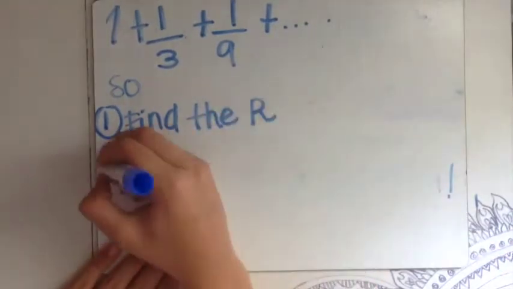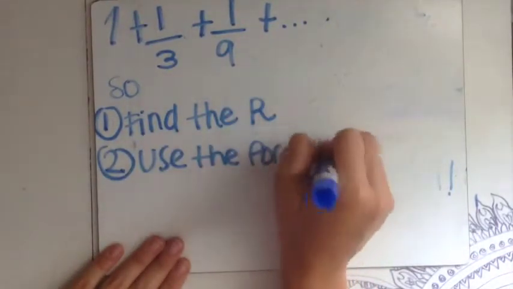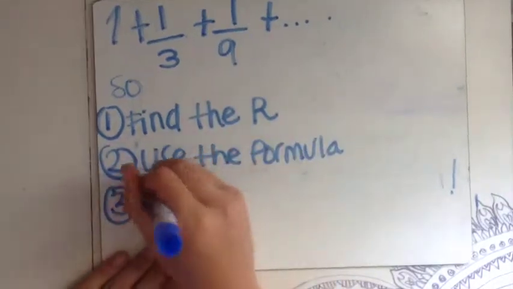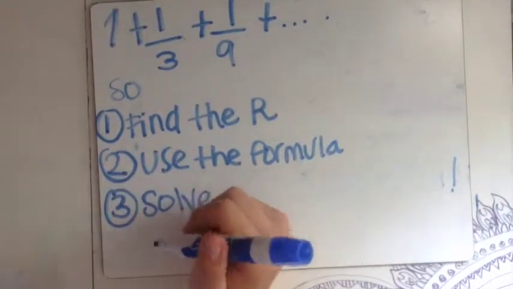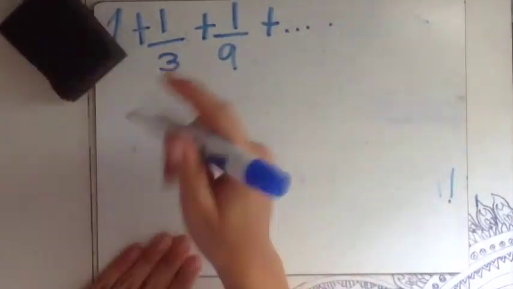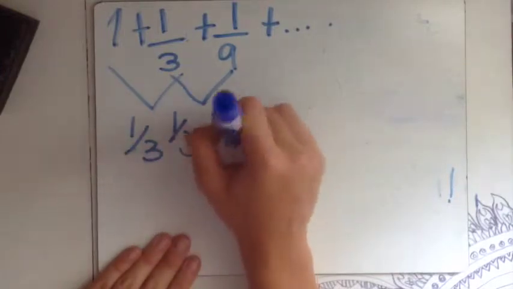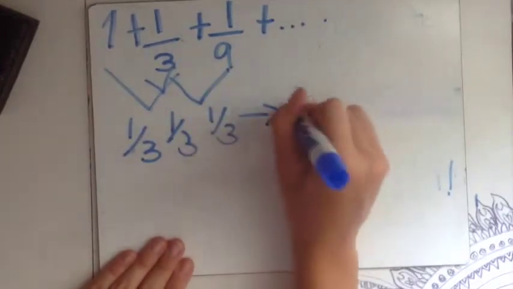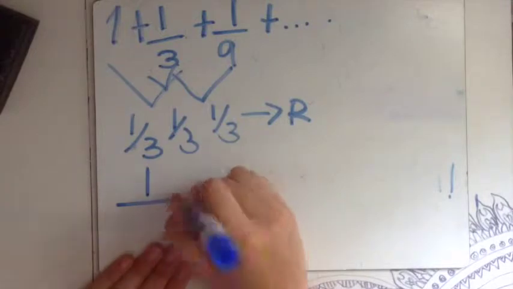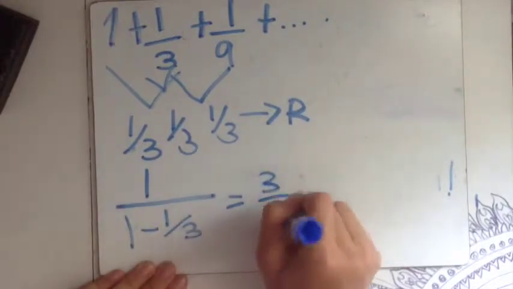Then you use the formula: 1 divided by 1 minus 1/3, so it equals 3/2. This problem is convergent because the ratio, 1/3, is between -1 and 1.